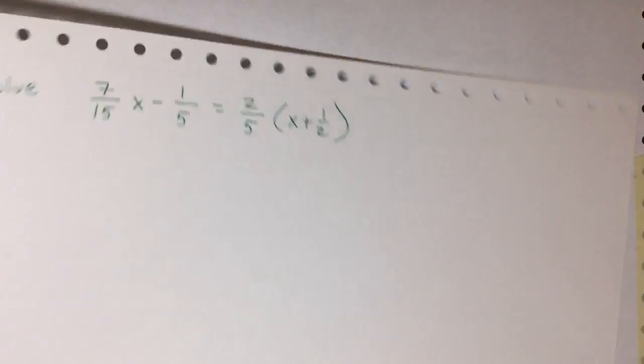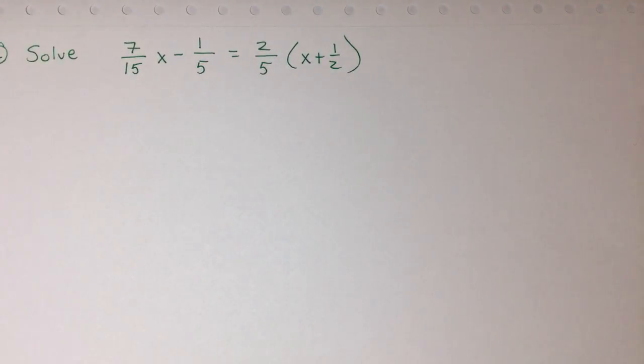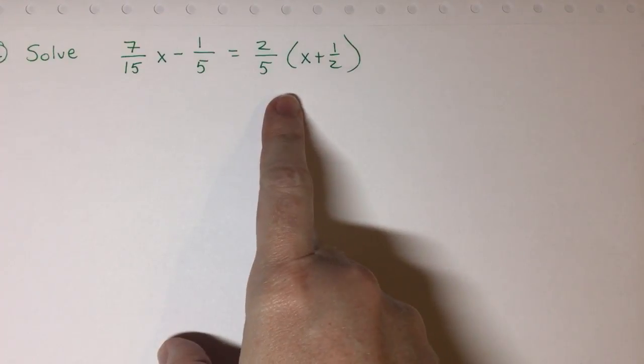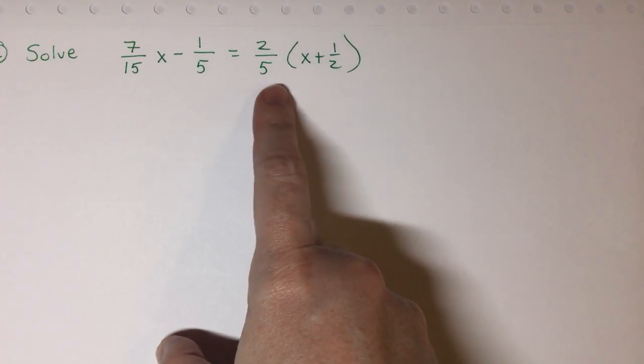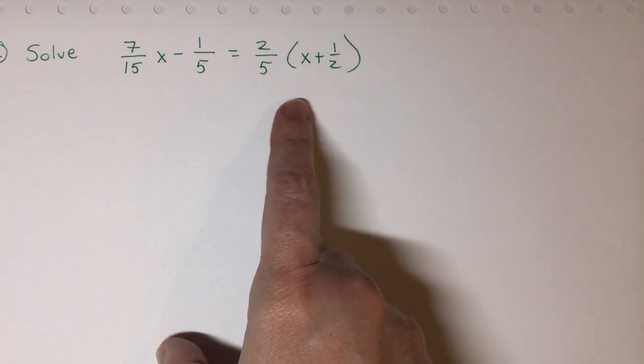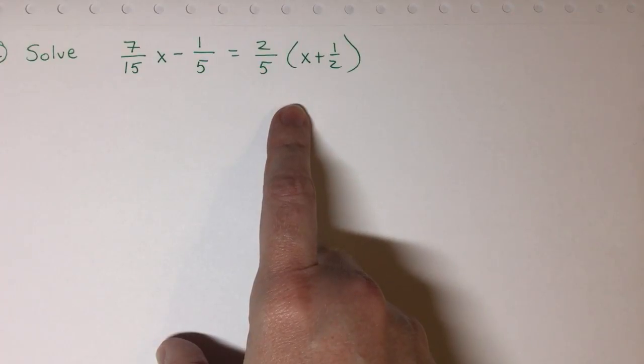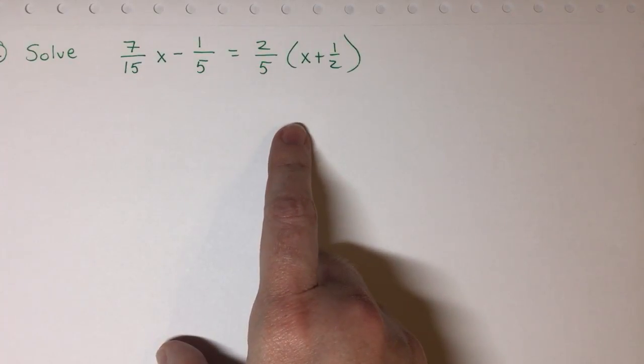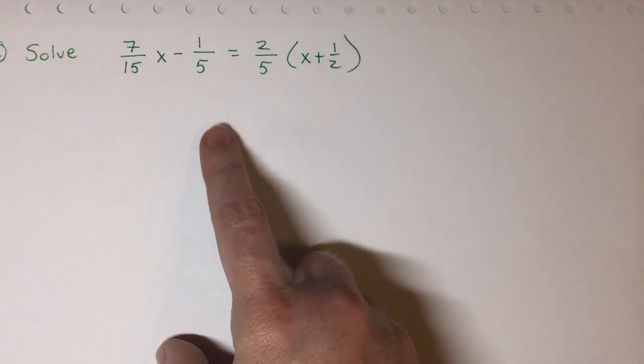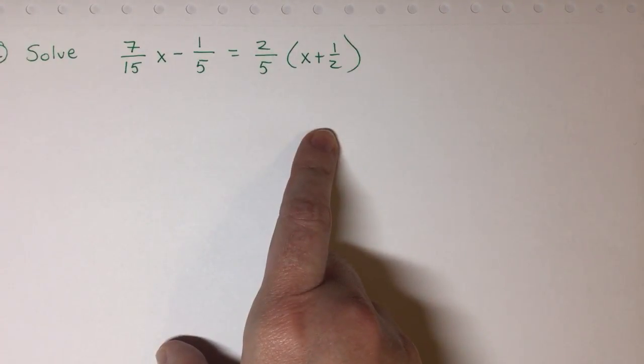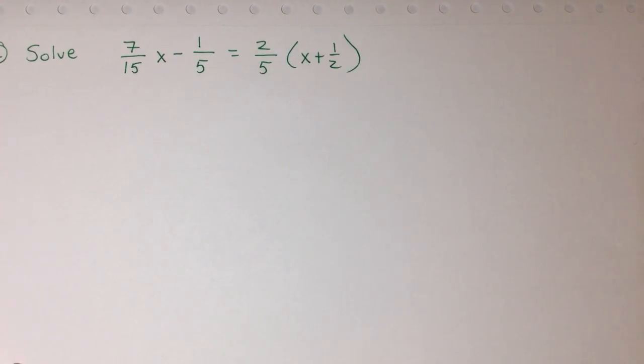So let's see how it works as it gets more complicated. Now, the thing here to be careful with is you've got to know how the distributive property works. So to avoid making careless errors, I will always strongly suggest that you clear parentheses before you try to clear fractions.